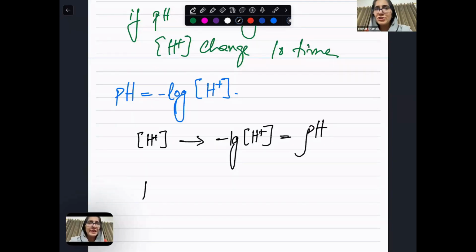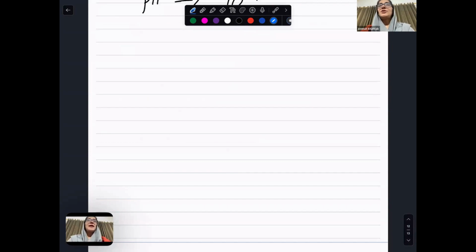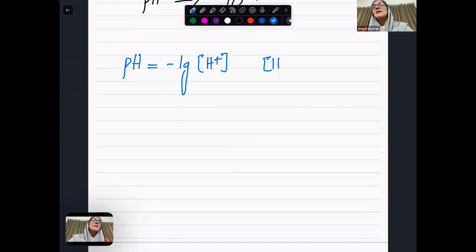If I know pH, how can I get H plus? Just 10 power minus pH. Look, pH is negative log of H plus, and H plus is 10 power minus pH.